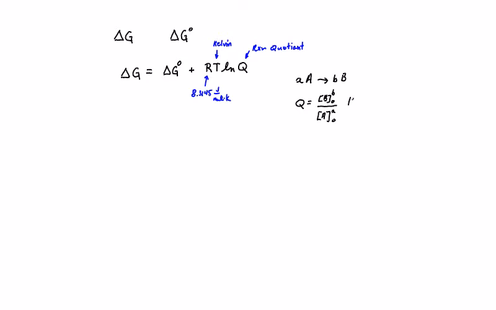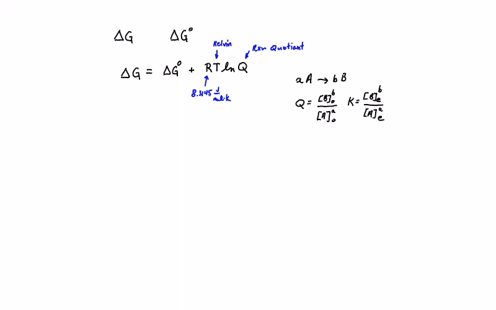Whereas K would be calculated almost exactly the same, except the equilibrium conditions would be in place. So that's the difference between the two of those, calculated the same way, just describing two different positions of the system.